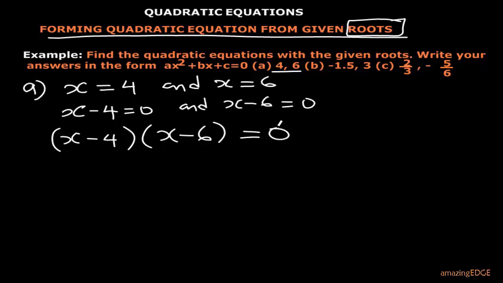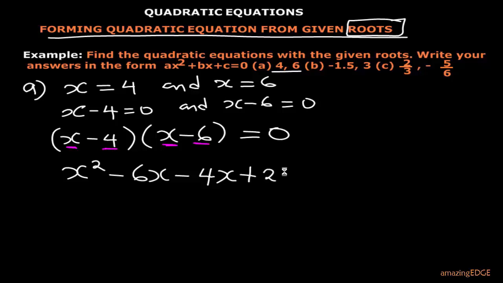So we open up the bracket. You have x times x gives you x squared. The same x times minus 6 gives you minus 6x. Here you have minus 4 times x, which leaves you with minus 4x. And finally, you have minus 4 times minus 6, which is plus 24. So you have this equal to 0.